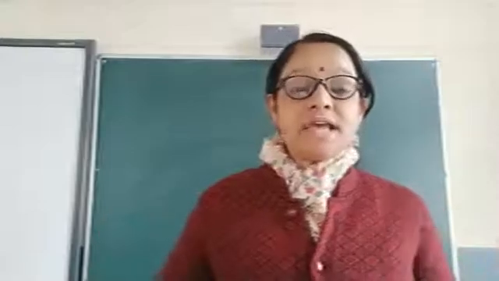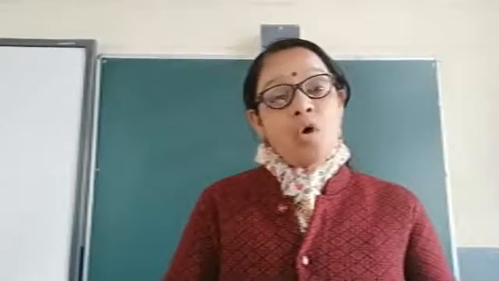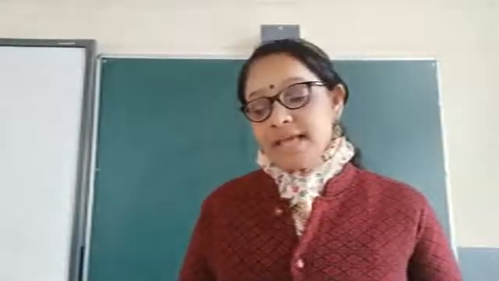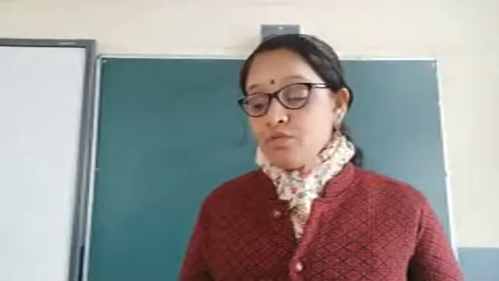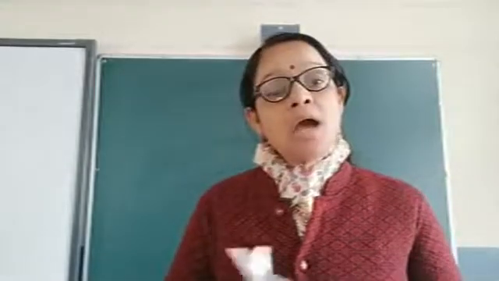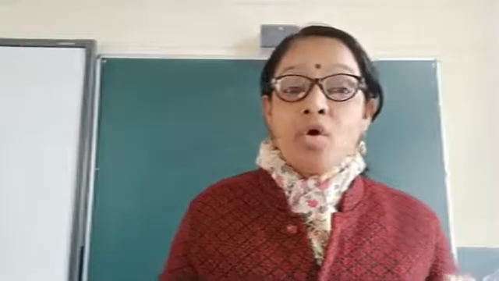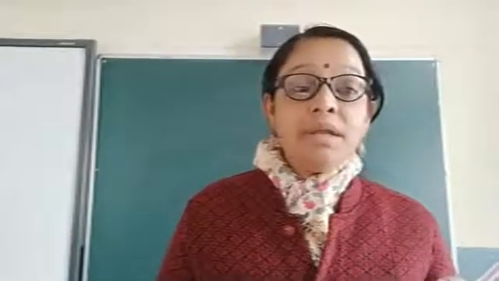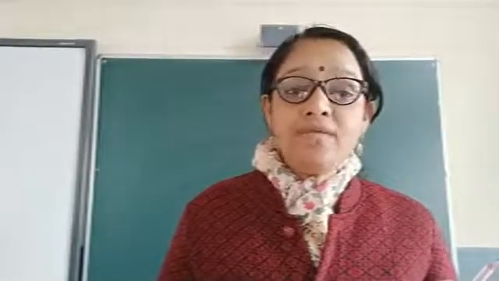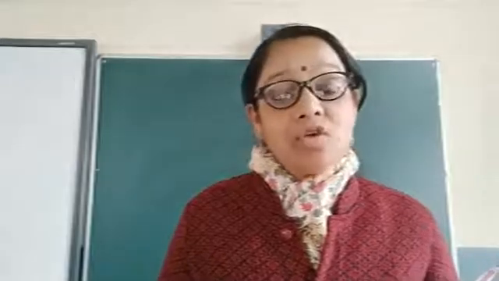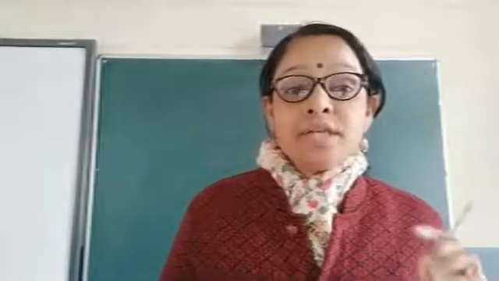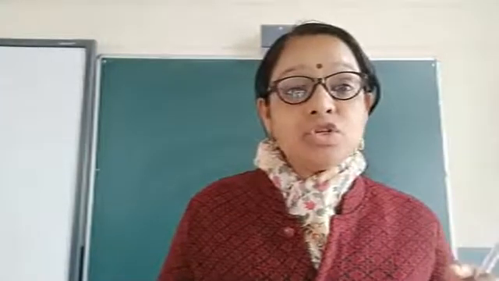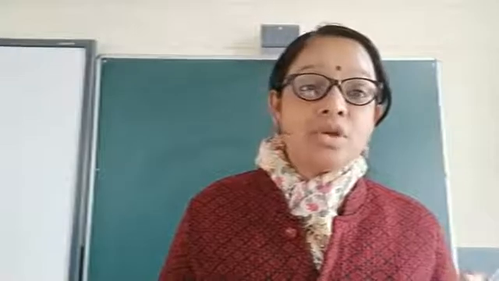In civics you will have all the chapters, like chapter number 1, 2, 3, 4, 5, 6, all are part of your syllabus. Is it clear to everyone? I hope there is no confusion. If in any chapter you have any problem about whether it is there or not, it is clearly mentioned in the video. Please see the video and clear your doubts, children.